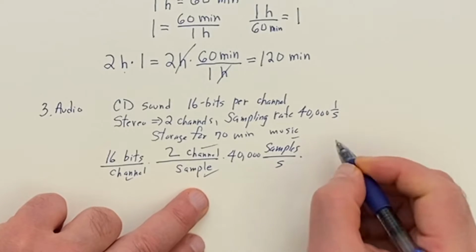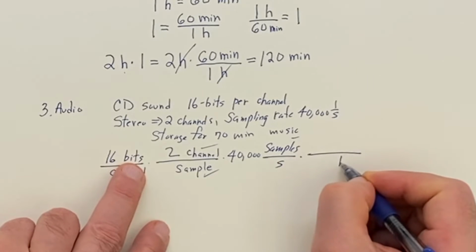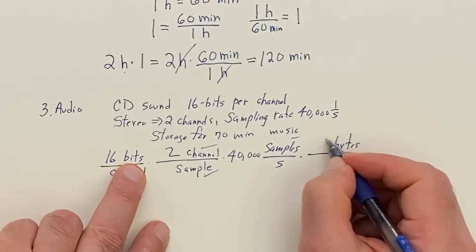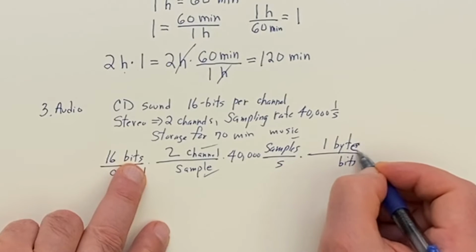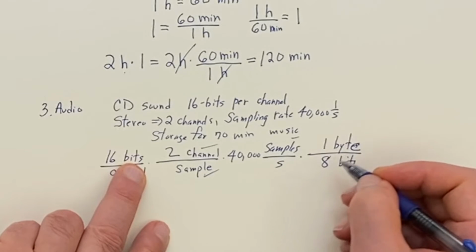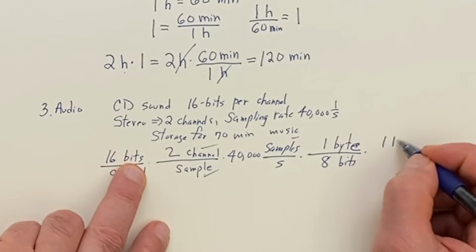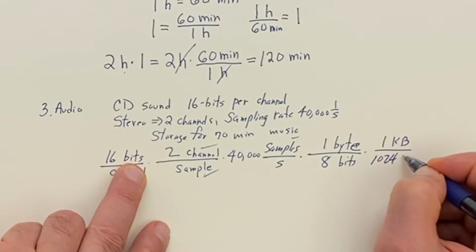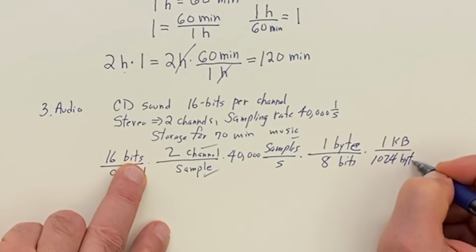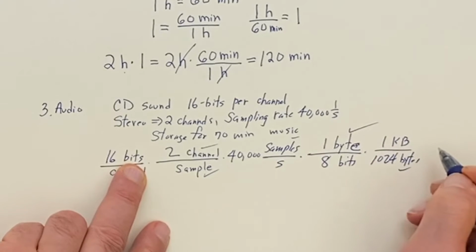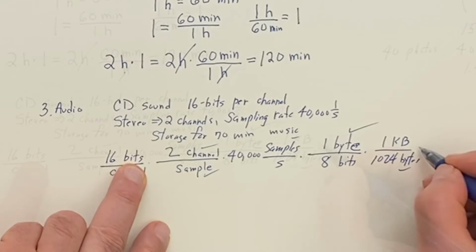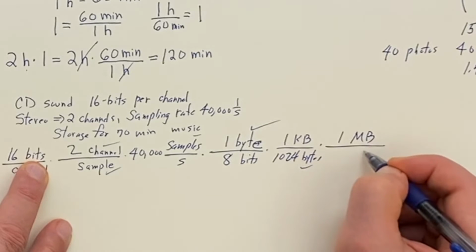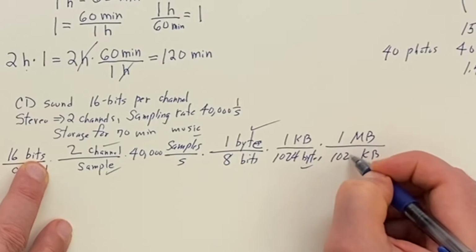And then to get bytes, I want to get rid of the bits, so I put the bits down here. 1 byte is 8 bits. And then if I want to go to kilobytes, I divide by 1024 bytes per kilobyte. So the bytes cancel. And if I want to go to megabytes, so I want to cancel the kilobytes, it'd be another 1024.